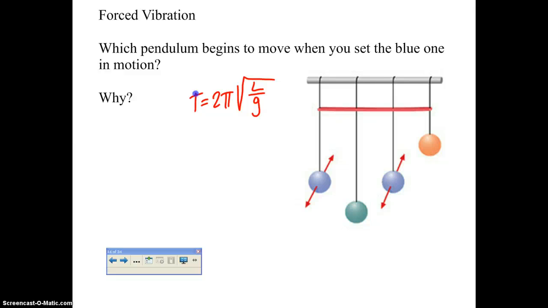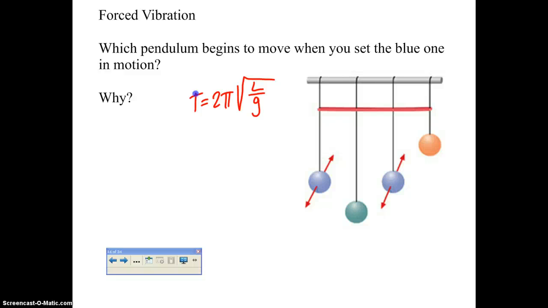So, what is the thing you guys are going to look at here? Well, I didn't tell you you went somewhere different, like the moon, Mars, etc., so you can safely assume that your g is a constant. Obviously, 2 pi is a constant. So length is what affects the period.